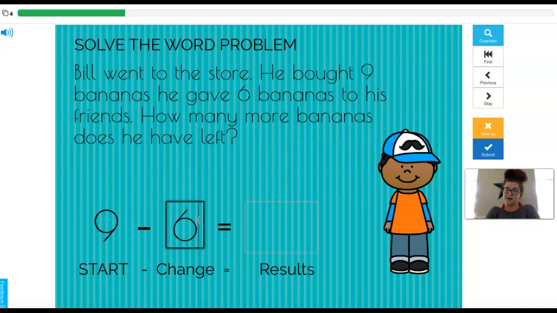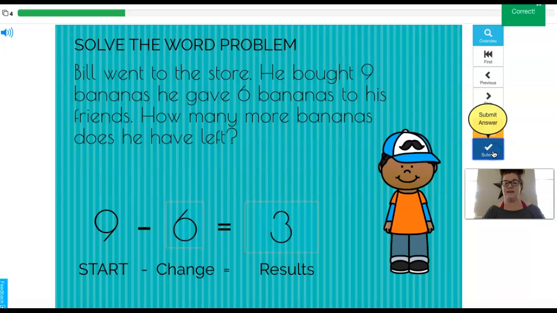We use our touch points. That's right. We use our basic subtraction rule. Start with the first number and count backwards on the touch points of the other number. So 9, 8, 7, 6, 5, 4, 3. What's the last number I said? 3. So he should have 3 bananas left. Yep.